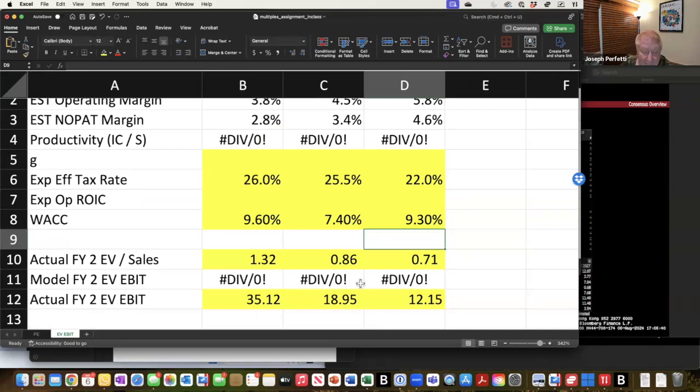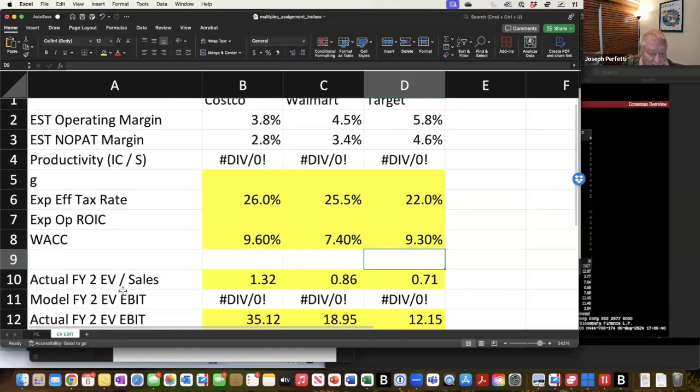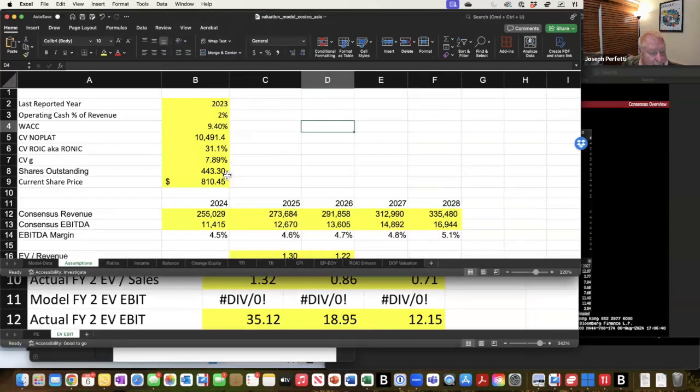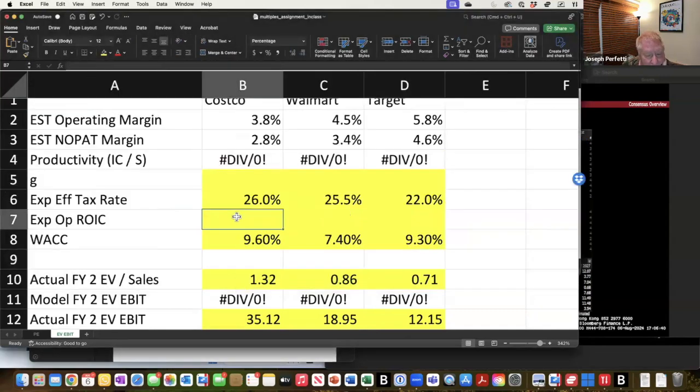Ideally, when you do your as is DCF, which we did for Costco this week, this continuing value ROIC is that number.